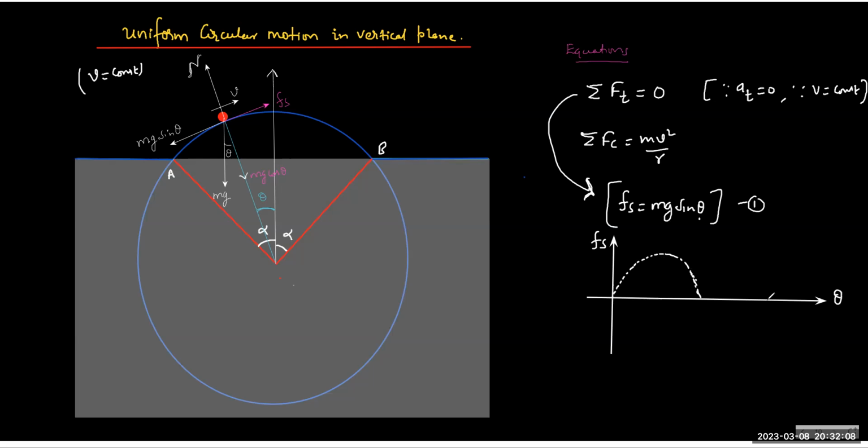So when theta is 0, theta is 0 means we are where? You are at the topmost point. Yes. So basically, I should do something like this.